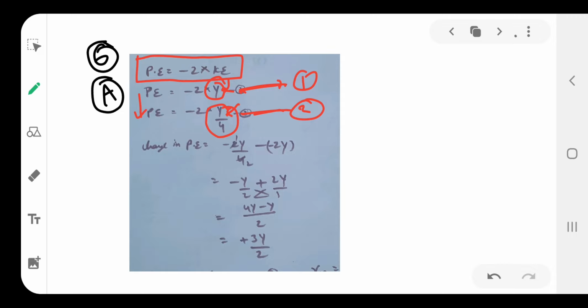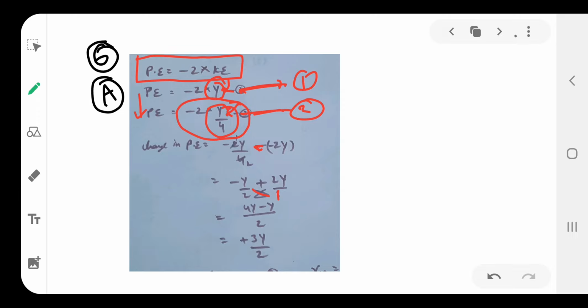Minus 2Y by 4, minus of minus 2Y. Minus into minus is plus 2Y. Then 2 1s are 2, 4, 2 2s are 1 by 2, means Y by 2 plus 2Y.